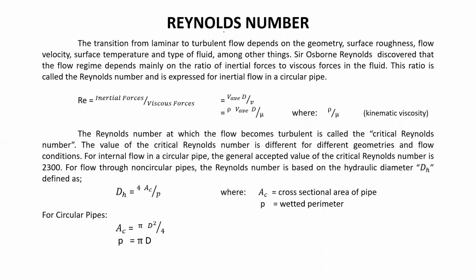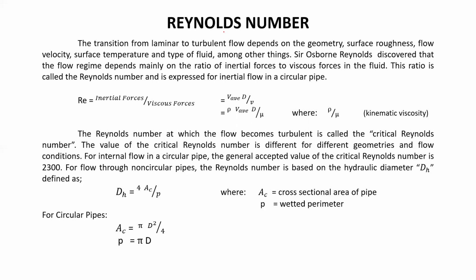This ratio is called the Reynolds number, and it is expressed for internal flow in a circular pipe. So yung ating Reynolds number is represented as capital R, small e, or Re, is equal to inertial forces over viscous forces.